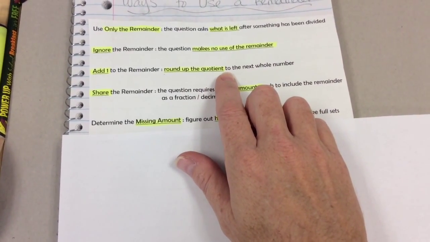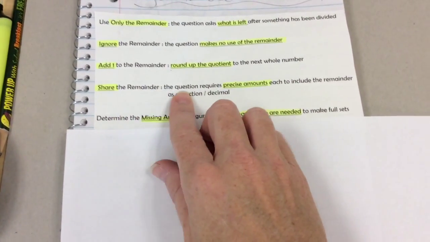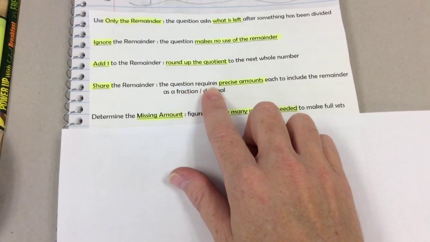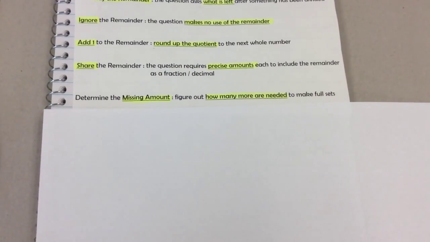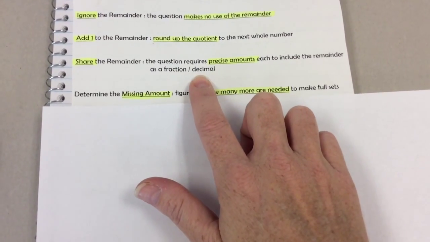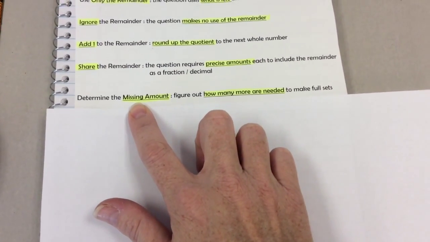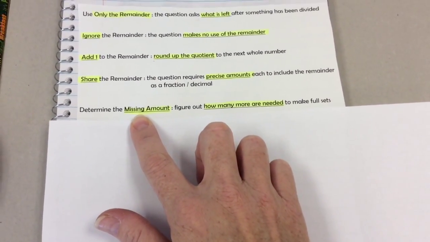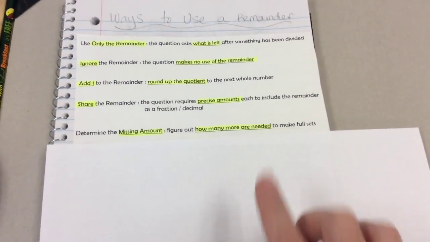We need to round it up to the next whole number. And then we have the share remainder, where the question has precise measurements. It needs to know exactly how much each person gets. And that would be represented as a fraction or a decimal, which we will get to later on. And then other times they will ask for the missing amount. So how many more do I need would be that missing amount.